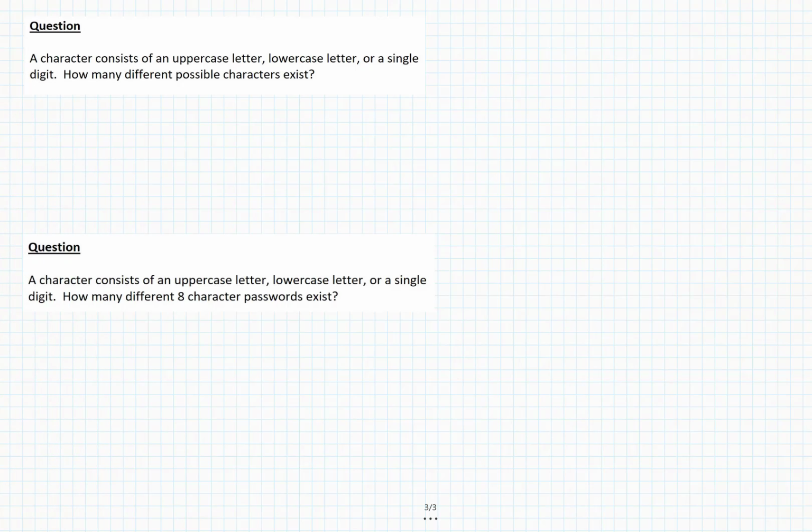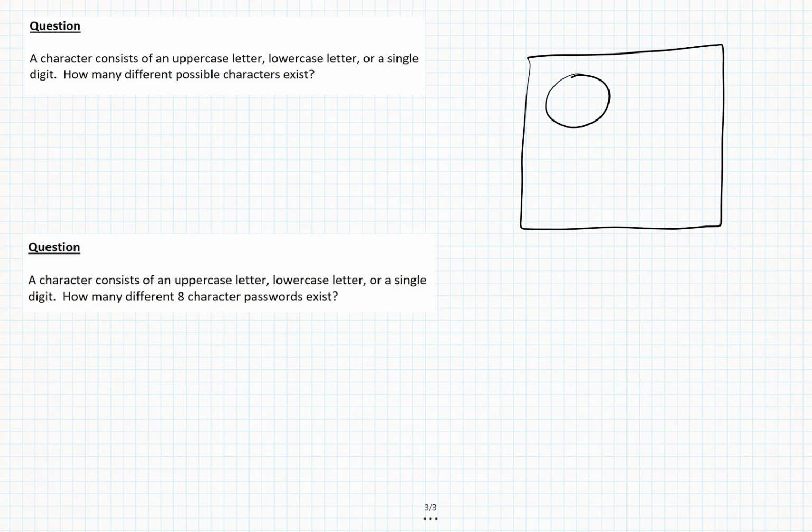So if we have a character consisting of an uppercase letter, a lowercase letter, or a single digit, how many different possible characters exist? And so once again, to give us a visual, we can do our characters and kind of list them inside a box inside our set, make our Venn diagram. So we can have the uppercase letters, and notice there's nothing in common between the uppercase letters and the lowercase letters, because you can't have something be uppercase and lowercase.